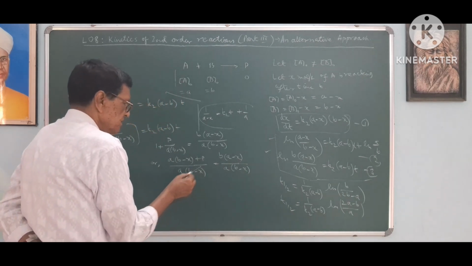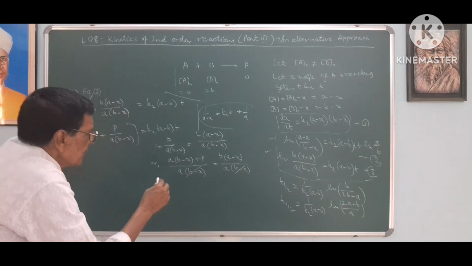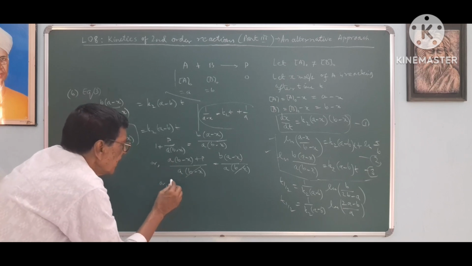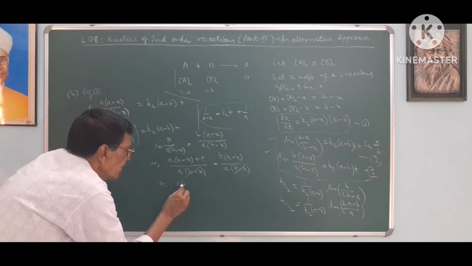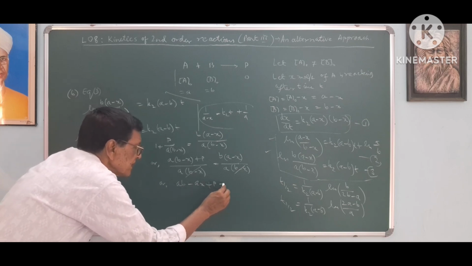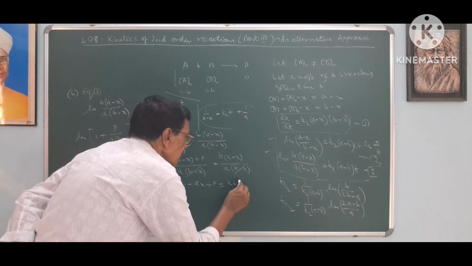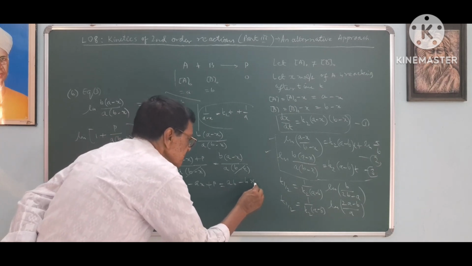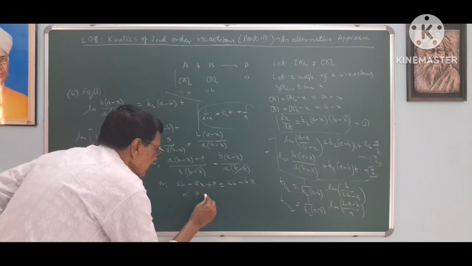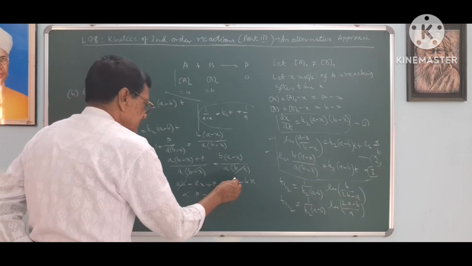This term cancels, or we can write AB minus AX plus P equals AB minus BX, or P equals... AB cancels.